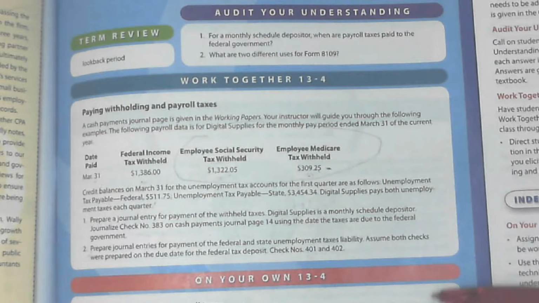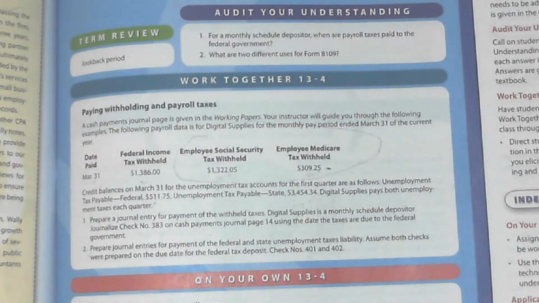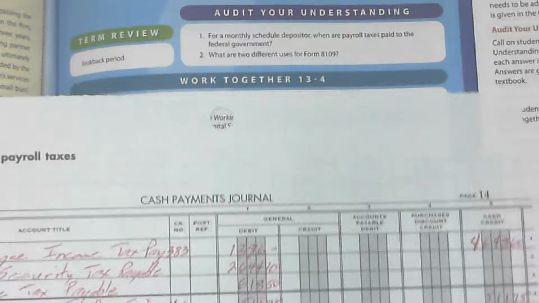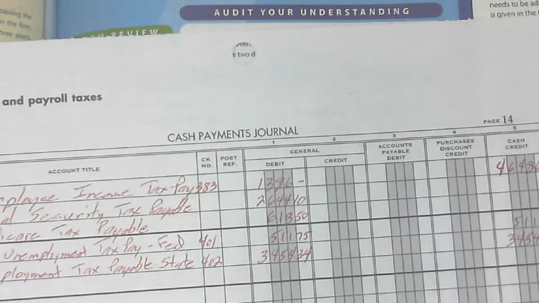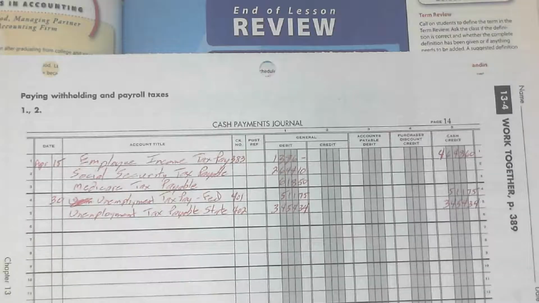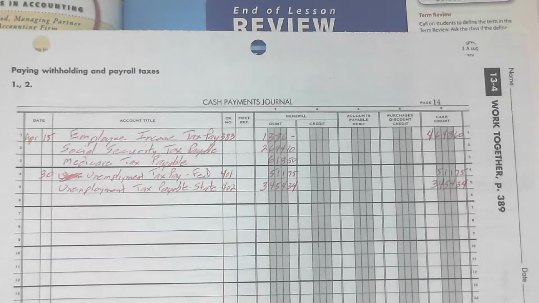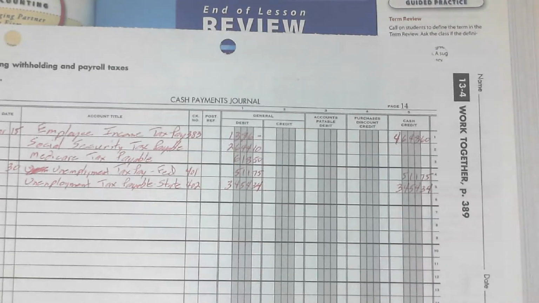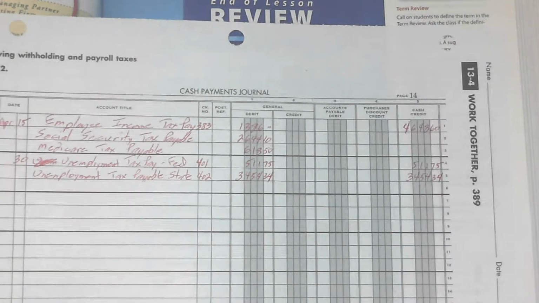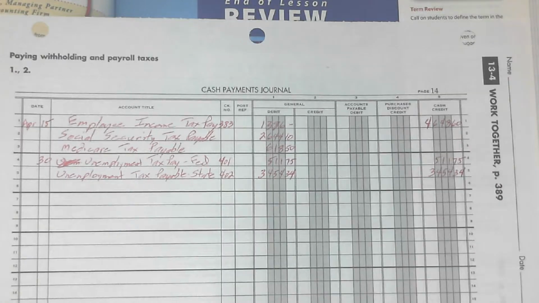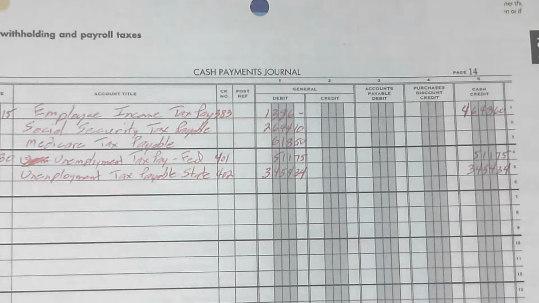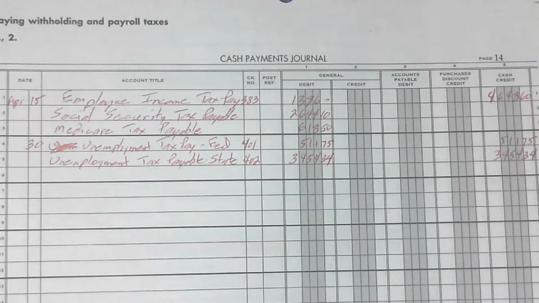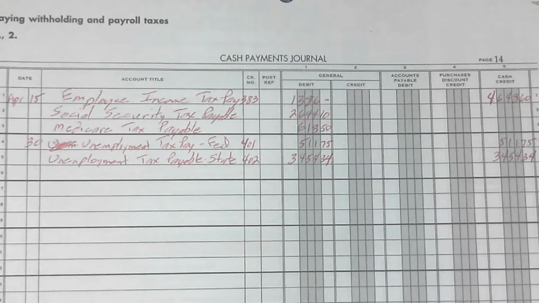Yep, the on your own is exactly like the work together, just on the other side. So you should have that. About the best I can do on showing it.